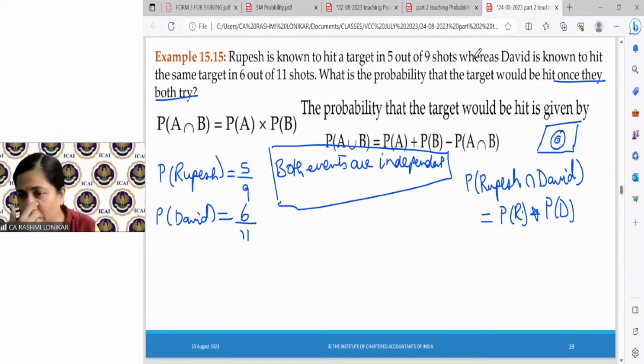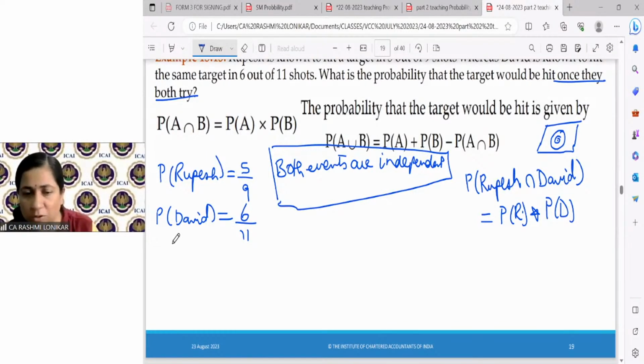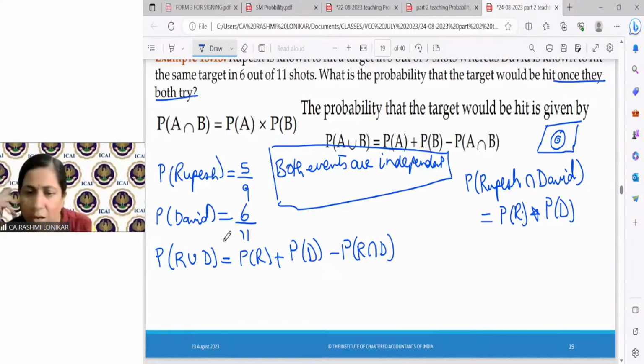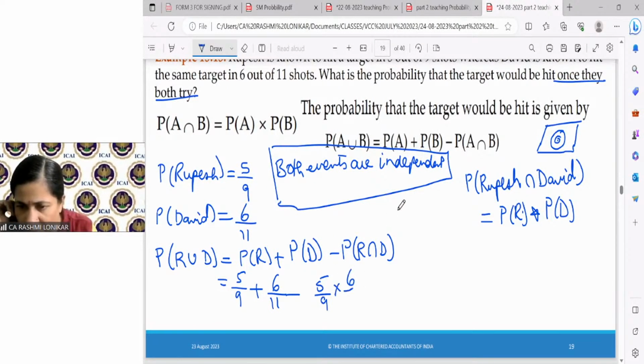Now, what is the probability the target would be hit once they both try? So P of Rupesh union David is equal to P of Rupesh plus P of David minus P of Rupesh intersection David. Now, P of Rupesh is 5 by 9, P of David is 6 by 11, minus this is PR into PD. So that is 5 by 9 into 6 by 11. Okay. So how much is this?